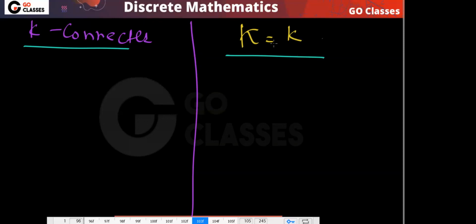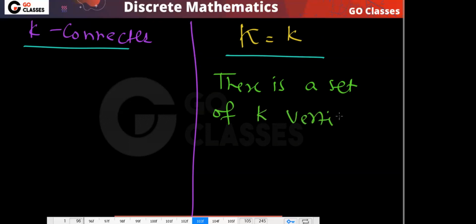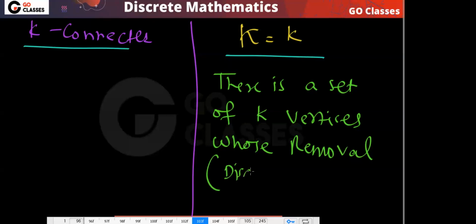Here it simply means there is a set of k vertices whose removal disconnects the graph or leaves a single vertex.